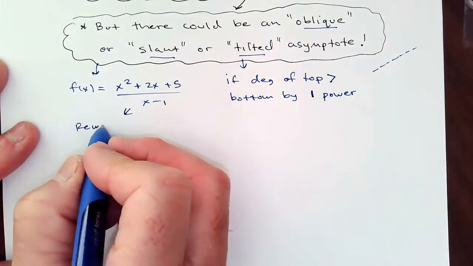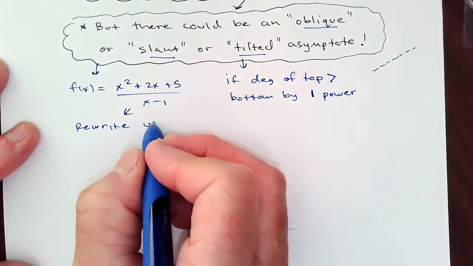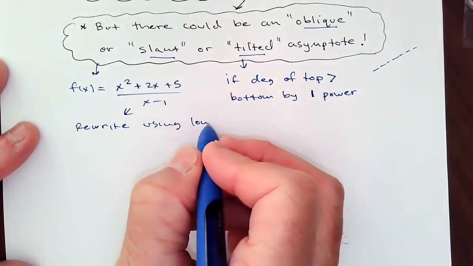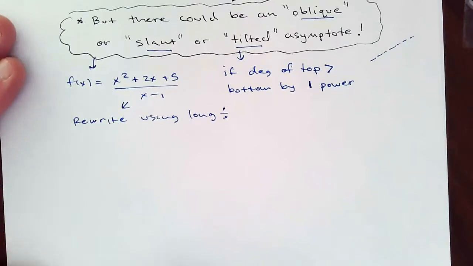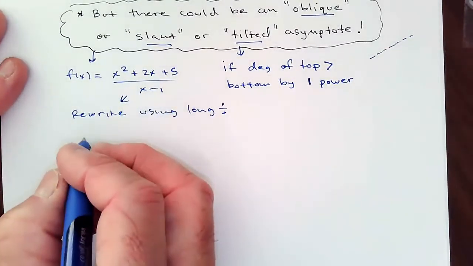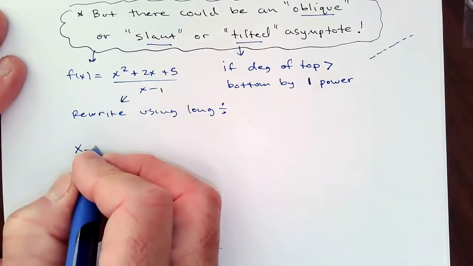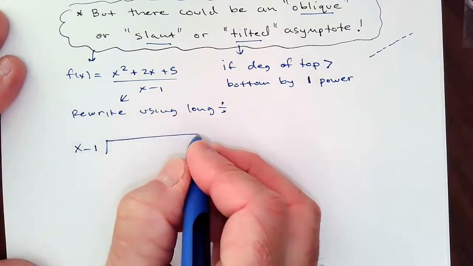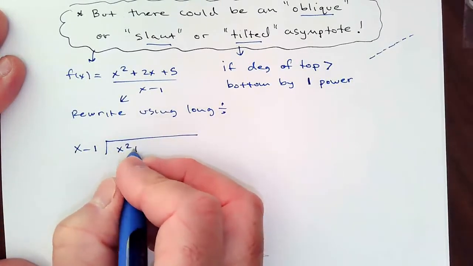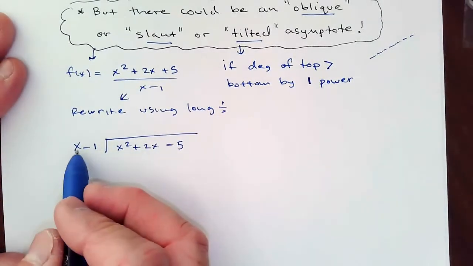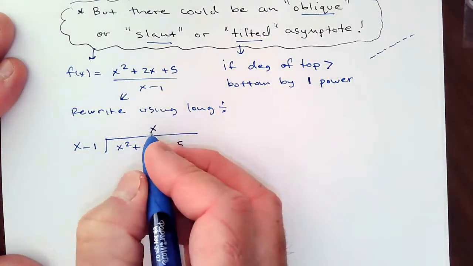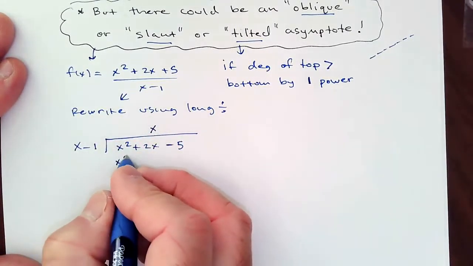Rewrite using long division. You actually could do synthetic division if you want to, since it's a binomial there. I'll go ahead and do the long division. If I put an x there, that's going to generate an x squared, which is good.